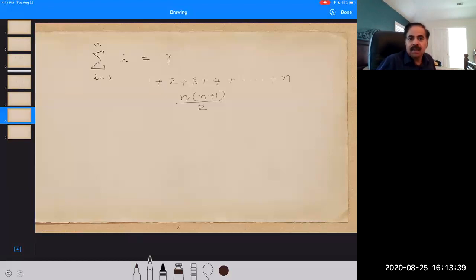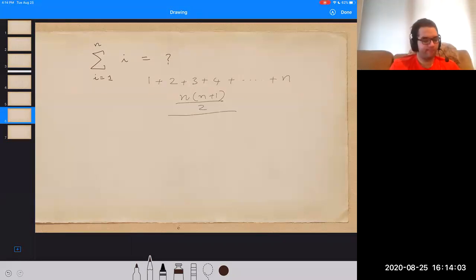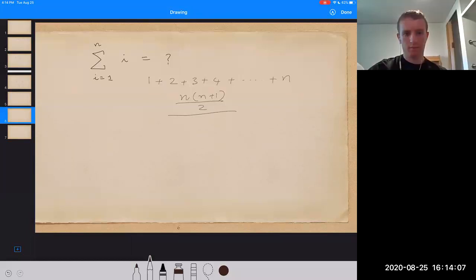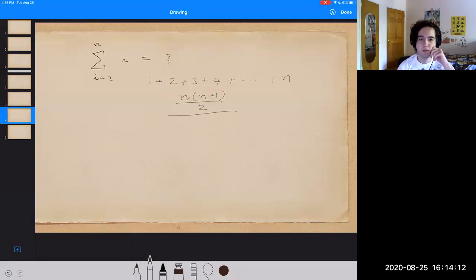Can you tell me how one would go about proving this? You probably know that this is an arithmetic progression and there is a formula for arithmetic progression, and that formula will give you this answer, but that's not the same thing as a proof. Induction? Yes, induction is a technique.